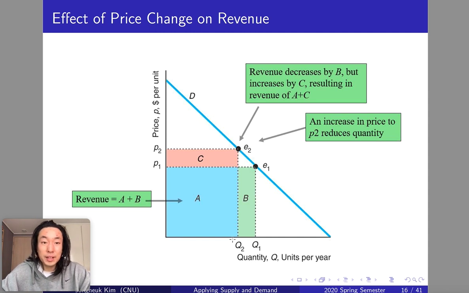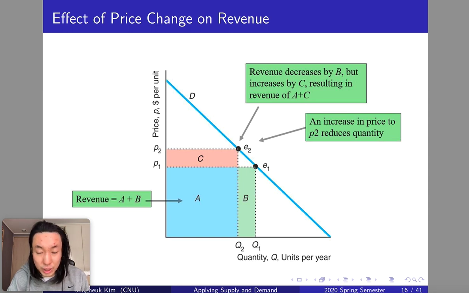So simply, the revenue of a firm is the area of the rectangle. The quantity sold is totally determined by the shape of the demand curve, and the area of this rectangle is calculated by the price on the vertical line and the quantity on the horizontal line.